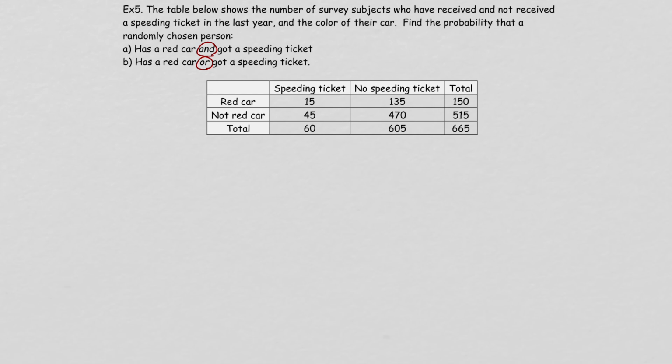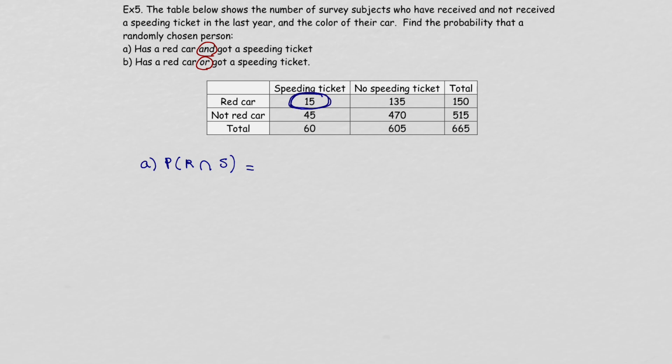The first one, we're trying to get the probability of red and speeding ticket. That's going to be red with speeding ticket here, right?